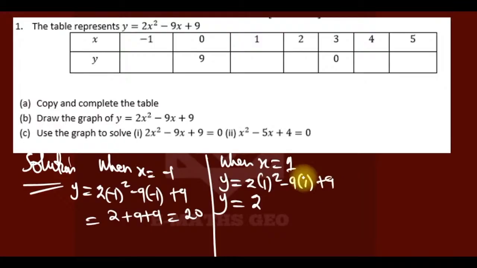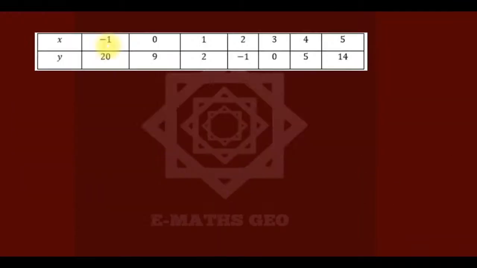So that's how we do for other values. Let's just paste the table so that we won't waste time. X, the minimum, is very important, so we need to locate the minimum. For x, the minimum is minus 1 and the maximum is 5, as you can see.